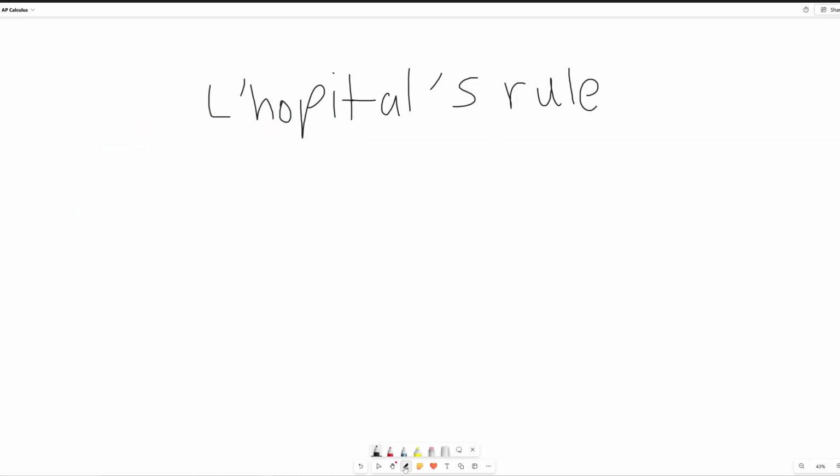So let's do an example, very common example. The limit as x approaches 0 of sine of x over x. First of all, in any FRQ problem where you must do this, you are required to show that it equals 0 over 0. In this case, it obviously does.